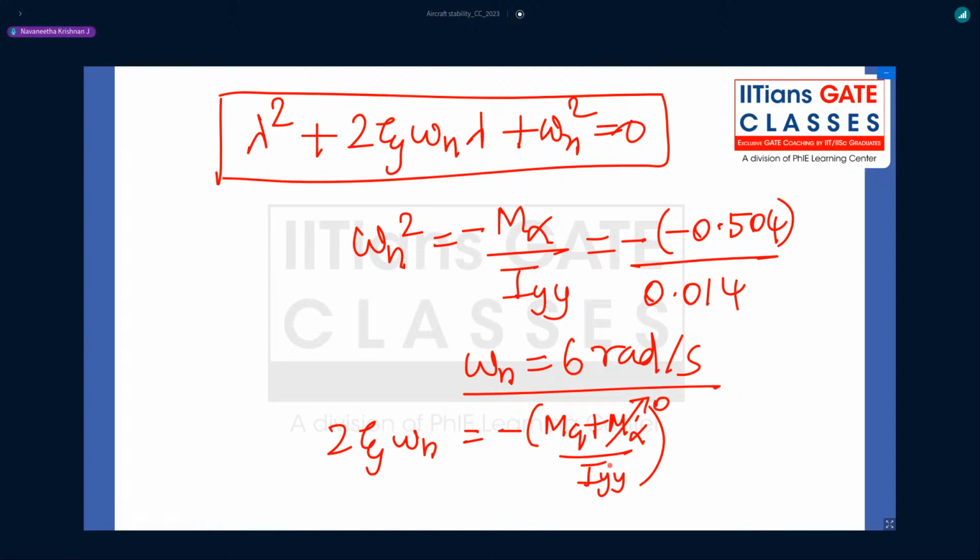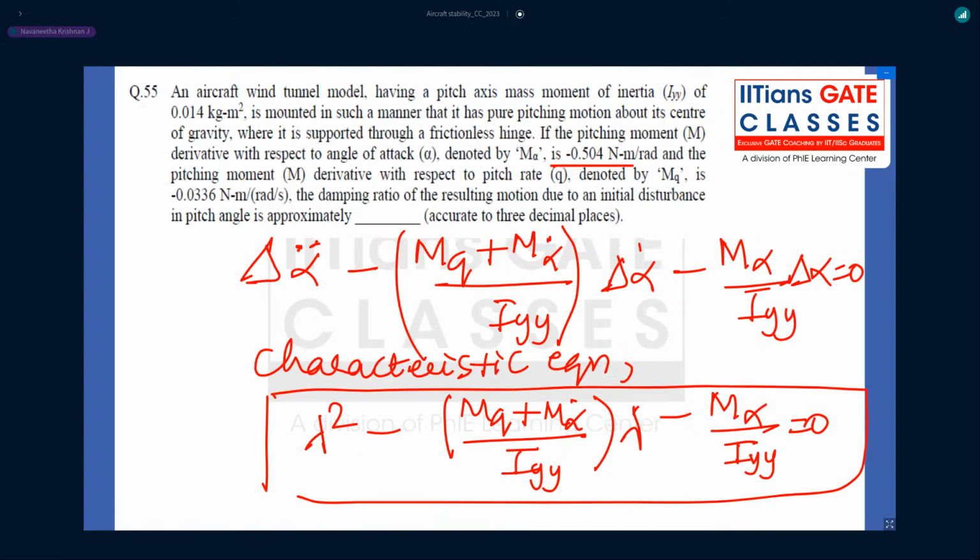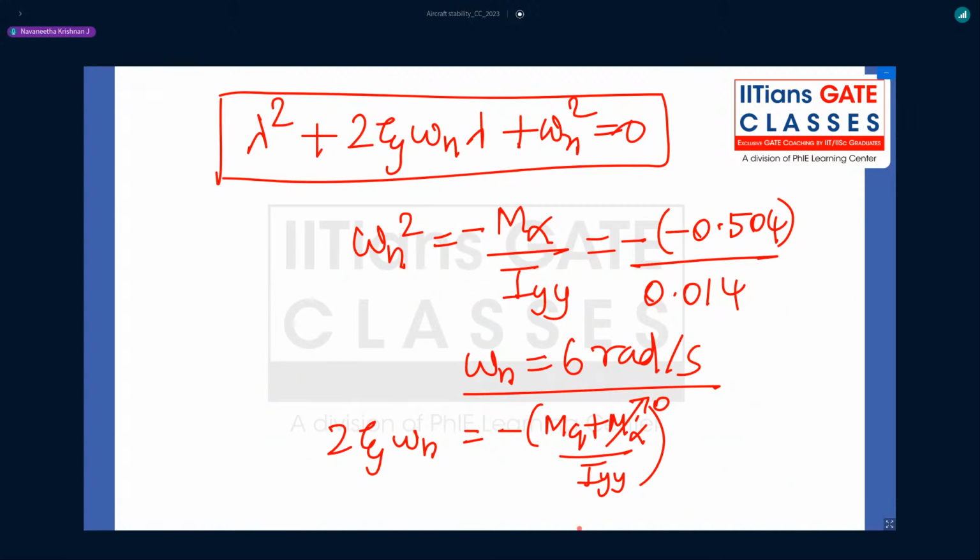So minus mq by I double y. Mq is given as minus 0.0336 Newton meter per radian per second. Minus into minus, it will become plus 0.0336 divided by 0.014. Omega n is known, it is 6 into 2.